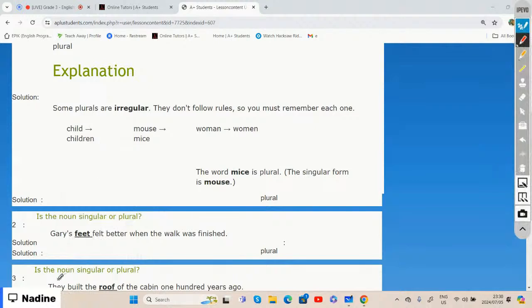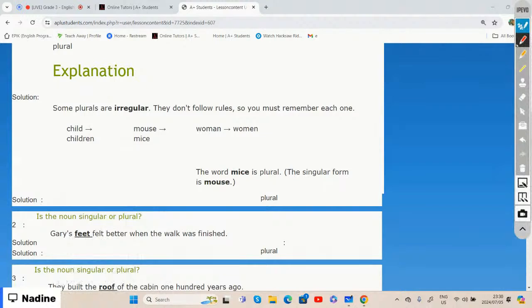All right, so now it says they built the roof of the cabin 100 years ago. Look at the word roof. Is that singular or is it plural?